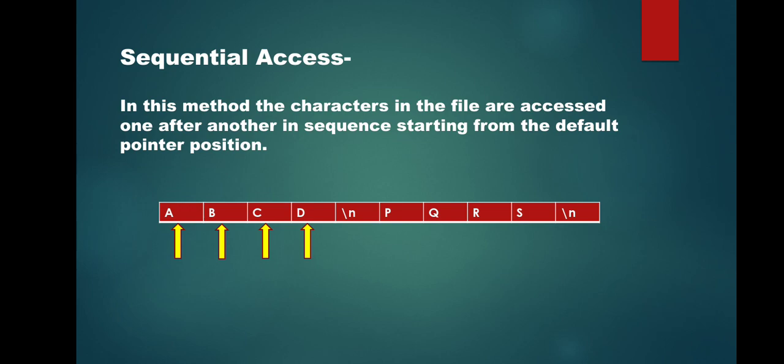You cannot directly move to the fourth character. This is the sequential way of accessing the file. Till now, the file programs that you have written were dealing with the sequential mode of access, right?